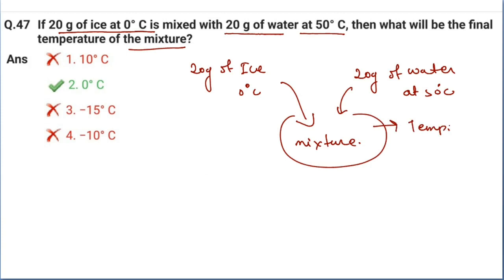We have to calculate the final temperature of the mixture using the concept of calorimetry, that is, heat lost is equal to heat gained. We can solve this.